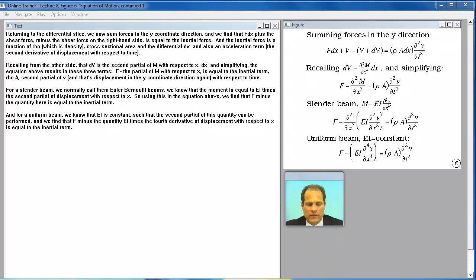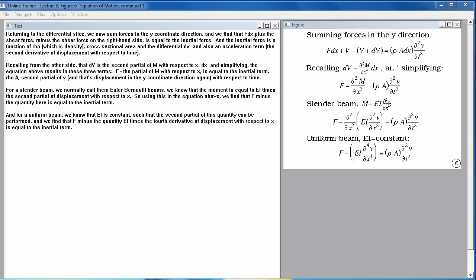Returning to the differential slice, we now sum forces in the y-coordinate direction. We find that f dx plus the shear force minus the shear force on the right-hand side is equal to the inertial force.